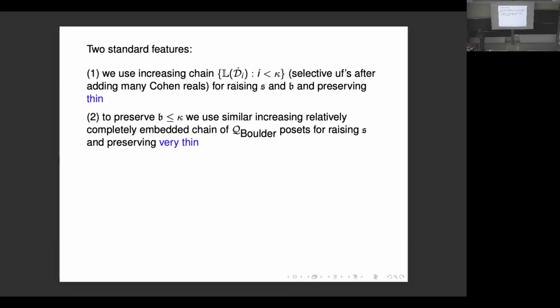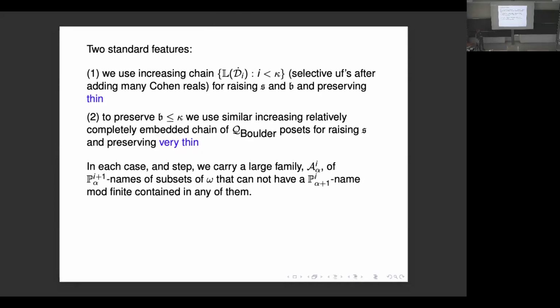And if you don't mind a personal note, not that many years ago, because Vera was still a PhD student, I remember Juris telling me Vera's brilliant idea of extracting a CCC poset, and so we'll use that. So that's a CCC poset that allows us to add a pseudo-intersection and allows us to preserve an unbounded family.